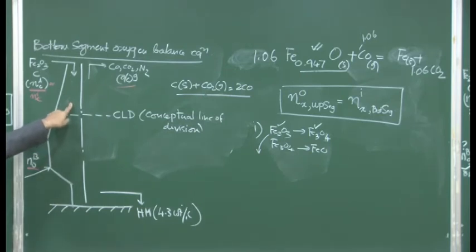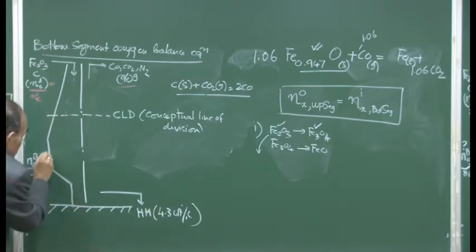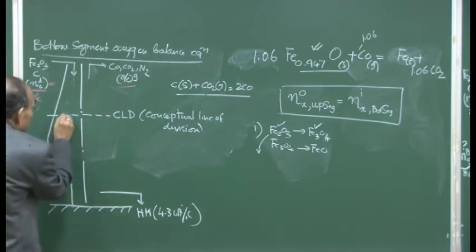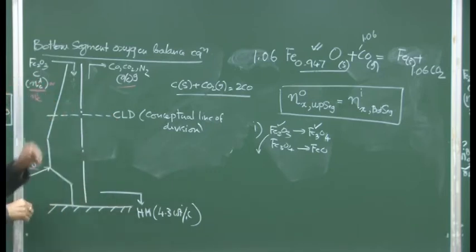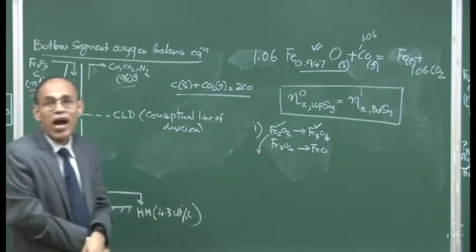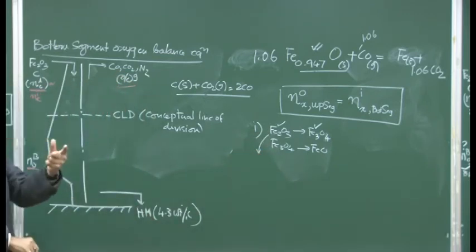Therefore, I can conclude that whatever carbon I have charged here will descend and enter the conceptual line of division. If I put this conceptual line of division here, I cannot make that statement, because there will be gasification reactions. So the conceptual line of division is placed at a place above which gasification reaction is absent, metalloid reduction reaction is absent, and only reduction of higher oxides of iron is taking place, and these are not direct reductions but indirect reductions.